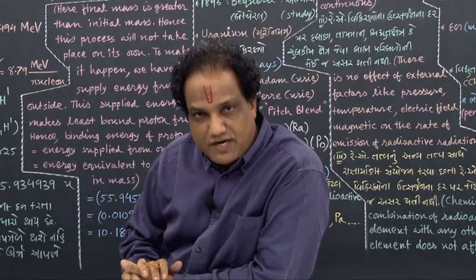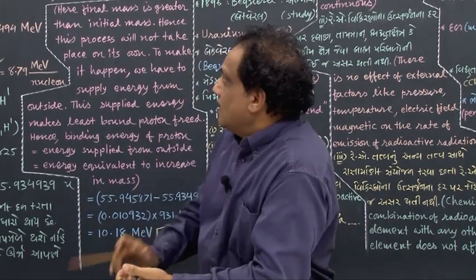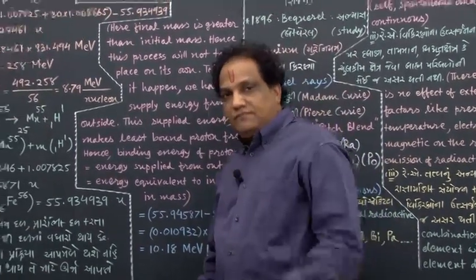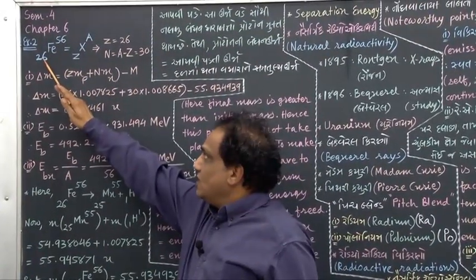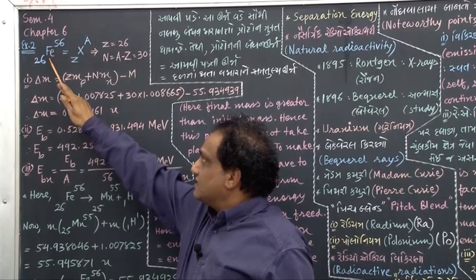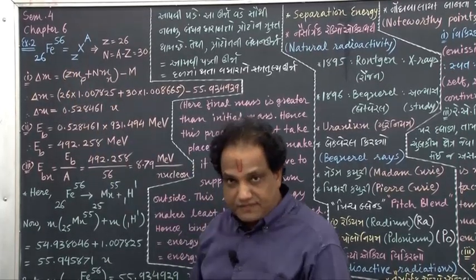Come on, have you read it? Look, we are given one nucleus, Fe-26, 56.